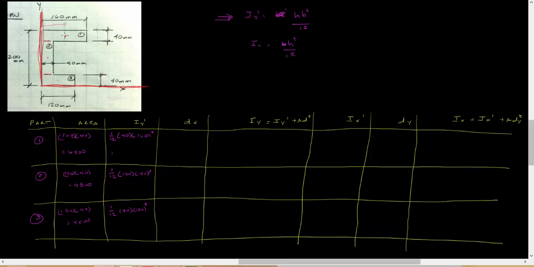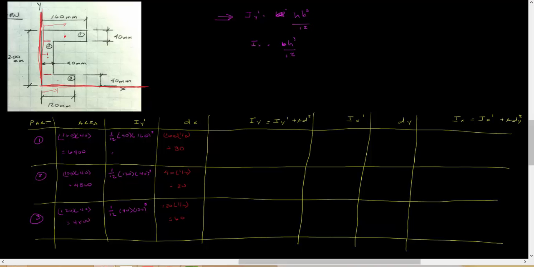It's this distance for part 1, this distance for part 2, and this distance for part 3. So it's actually much easier. Half of rectangle 1 is 160 times 1/2, which is 80. Here it's 40 times 1/2, which is 20. And here it's 120 times 1/2, which gives me 60.